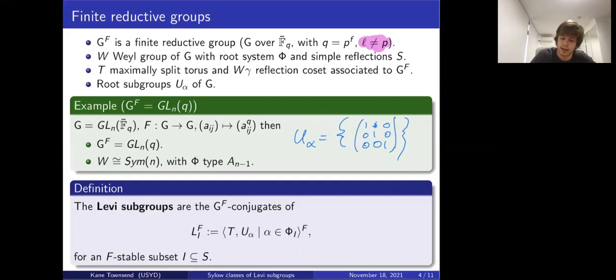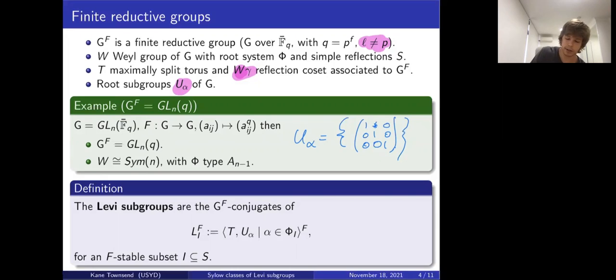We also have this reflection coset of G^F, where W is the Weyl group of G, and γ is the diagram automorphism of the Coxeter diagram induced by the Frobenius map. And the final notation I want to say is that U_α are the root subgroups of G.